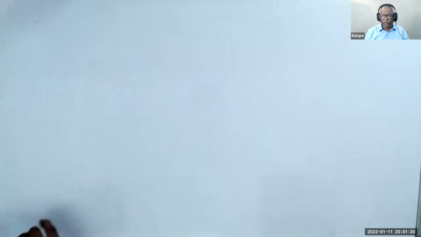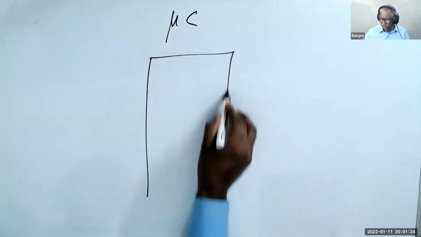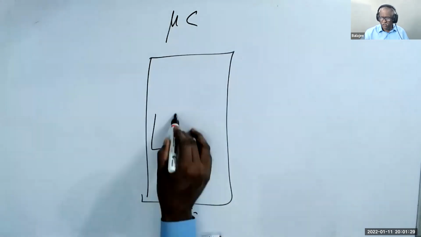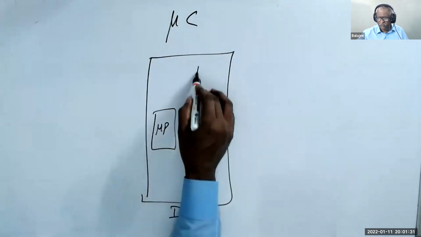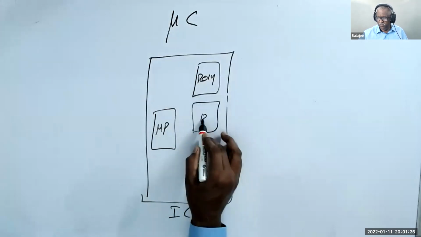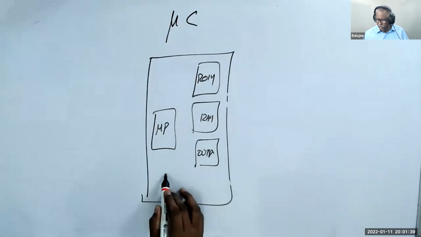A microcontroller is nothing but a single IC which includes a microprocessor, ROM, RAM, output and input.